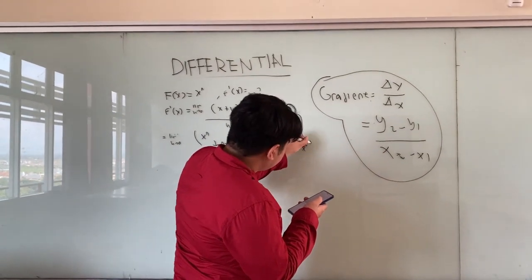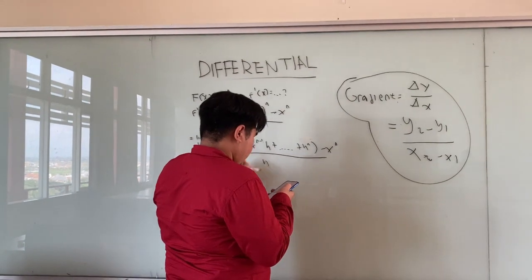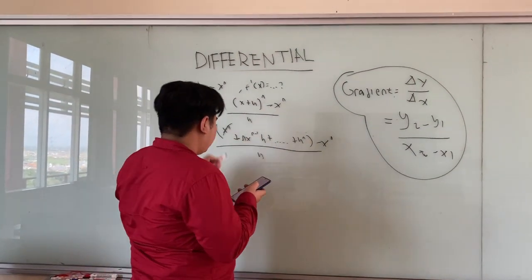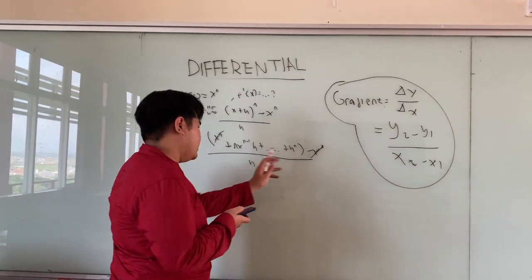Minus x power n per h. And then from here we can eliminate again the x power n, and we can eliminate these two.